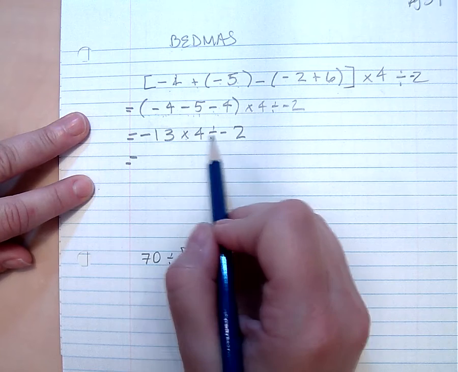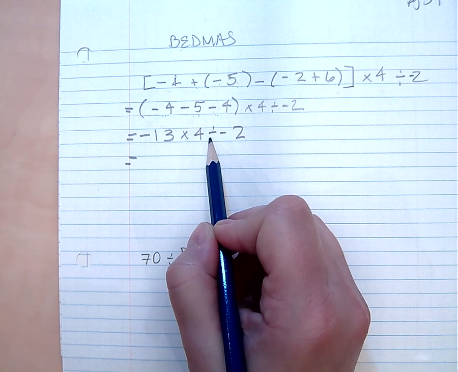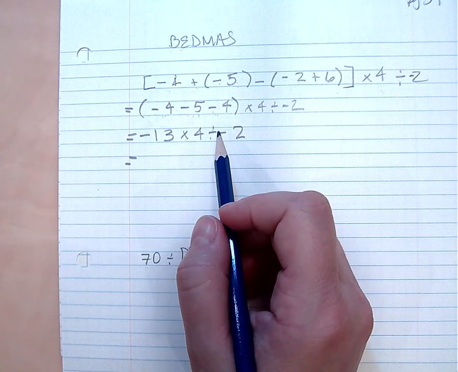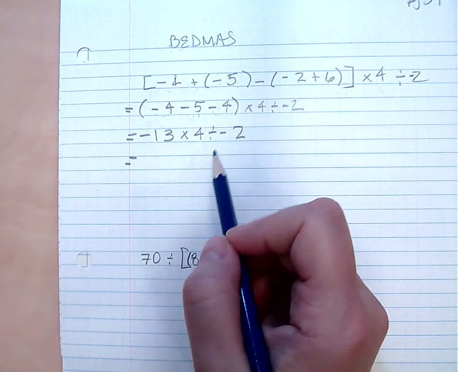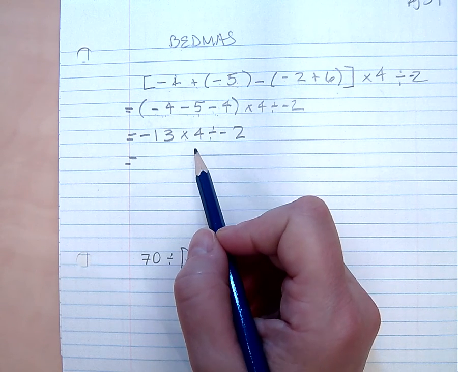So now we have multiplying and dividing, and as we multiply and divide, we can do them in any order that we like. So let's do that. I would like to do what's really obvious first, and I recommend you do also.